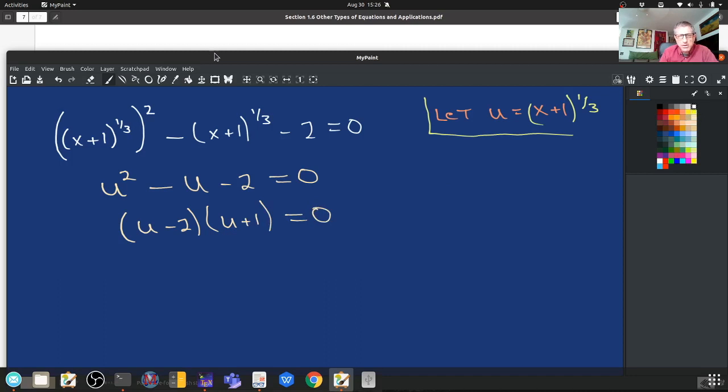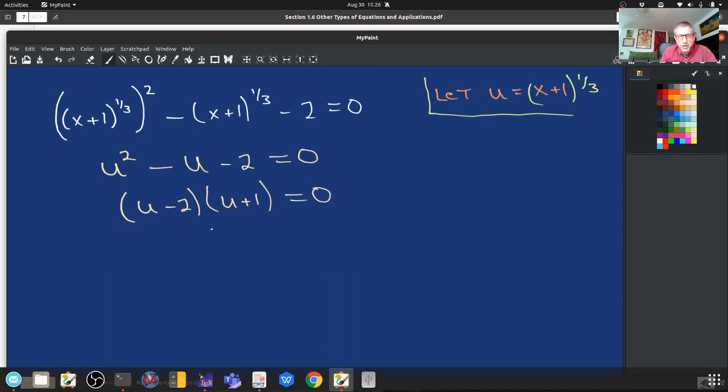So now I have to solve for u. This implies u minus 2 is equal to 0 or u plus 1 is equal to 0. That means u is equal to 2, or u is equal to minus 1.